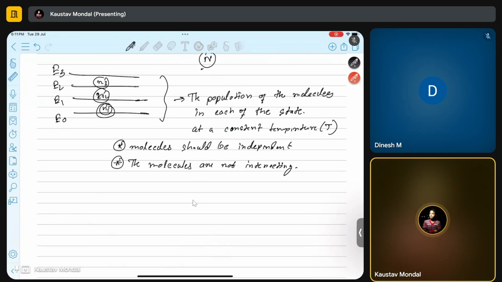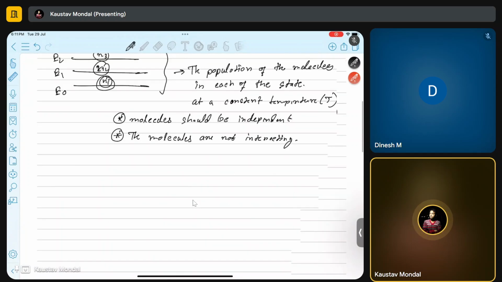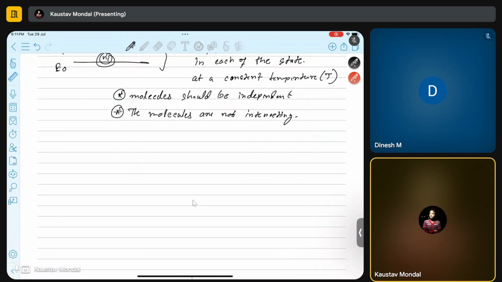So I guess prior to this course you already know about this theory, or this principle, which we also need in order to develop some of the concepts. This principle is called the principle of equal a priori probabilities.